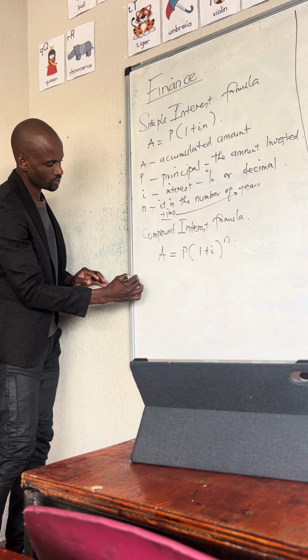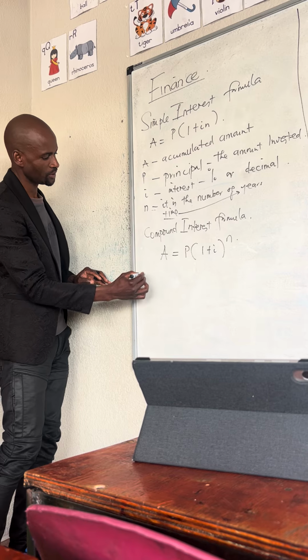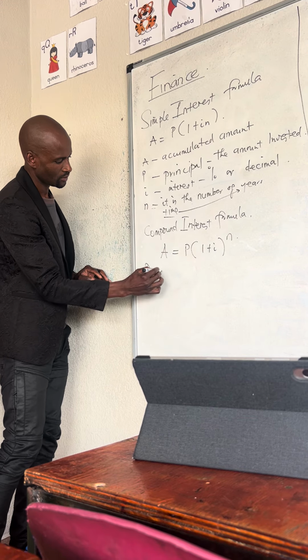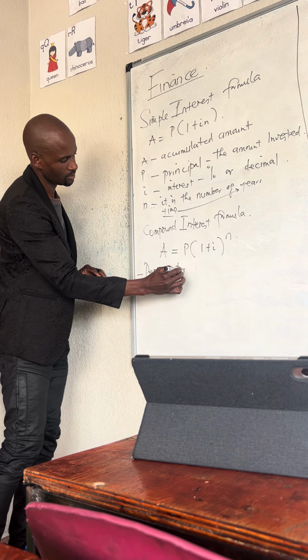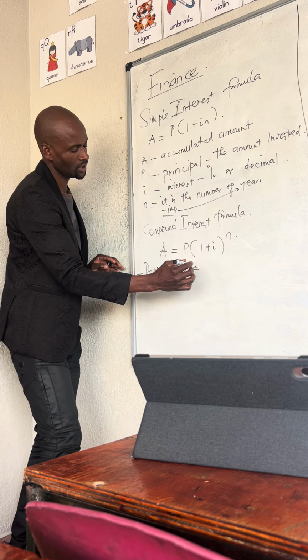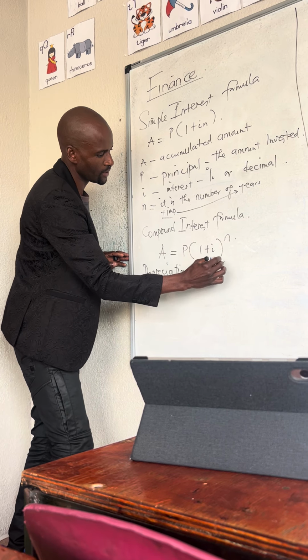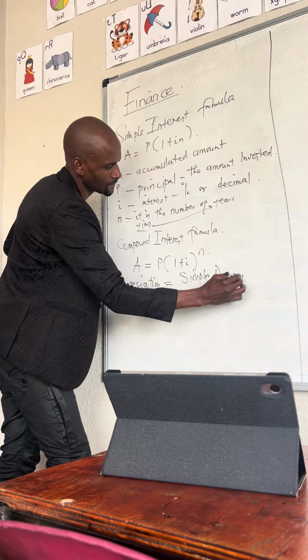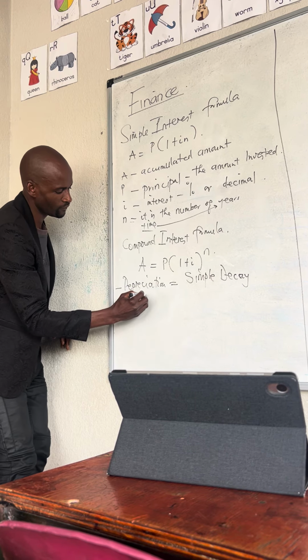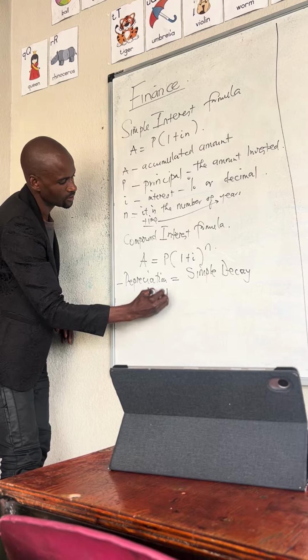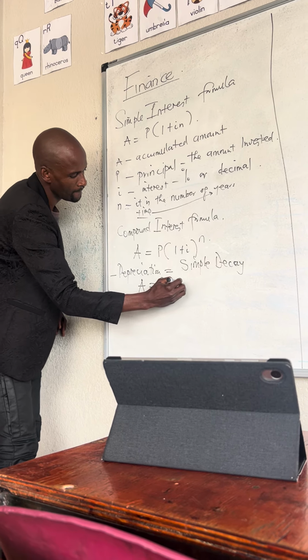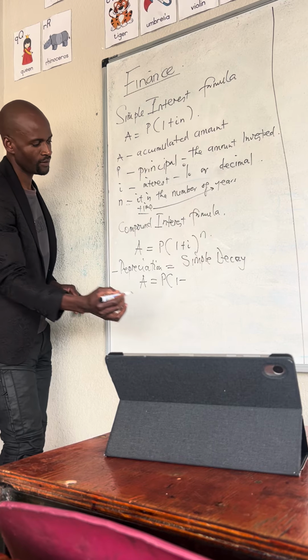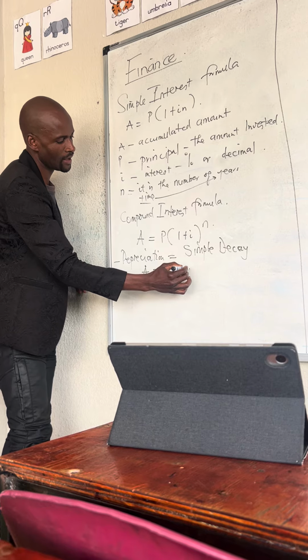What we need to quickly consider is depreciation. Under pure maths, we have what we call simple decay. Our simple decay formula is A = P(1 - in). In this case, we are having a minus instead of a plus.